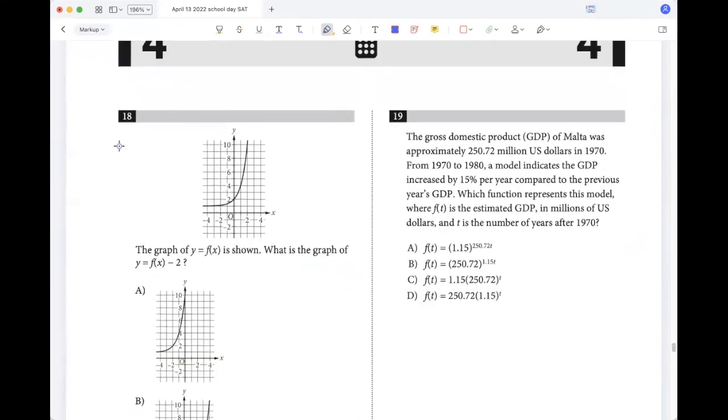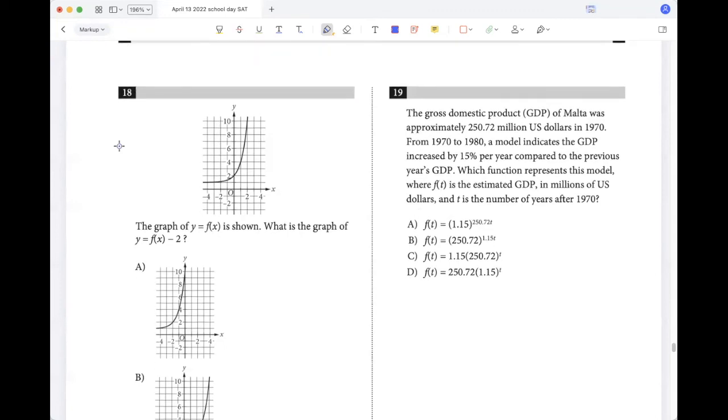The gross domestic product of Malta was approximately 250 million US dollars in 1970. From 1970 to 1980, a model indicates the GDP increased by 15% per year compared to the previous year's GDP. Which function represents this model where f(t) is the estimated GDP and t is the number of years after 1970?